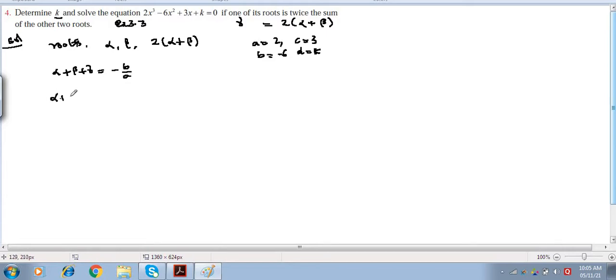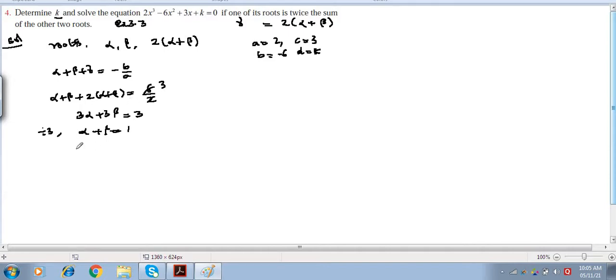Gamma is 2 of alpha plus beta, so that is equal to minus b by a. b is minus 6, so plus 6 by 2, which is 3. From this, 2 alpha plus alpha we get 3 alpha, 2 beta plus beta, 3 beta, is equal to 3. So divide by 3, and we get alpha plus beta is equal to 1.